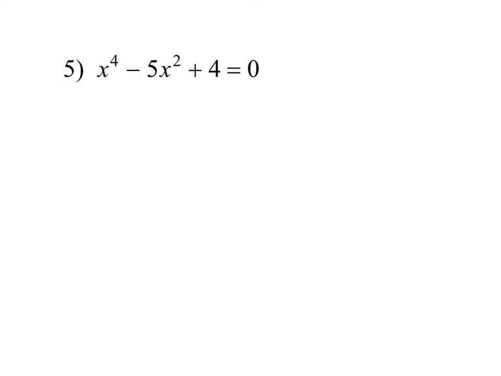So this is what we call quadratic form. If you look at it, it's very similar to this equation, x squared minus 5x plus 4 equals 0. The reason it's in the same neighborhood is that if you look at the exponents, the middle term is half the degree of the first term, similar to what happens here, where this would have been x to the first.